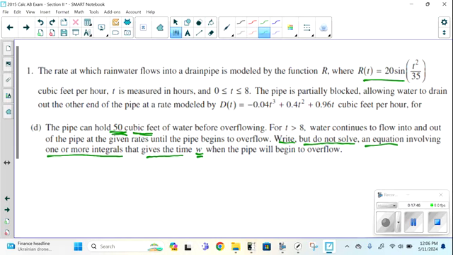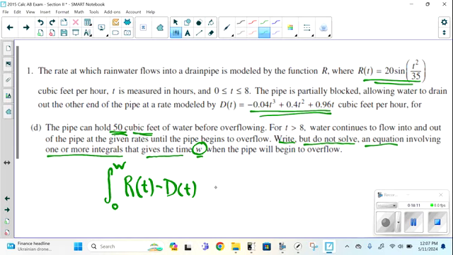All right? So what I'm going to do, if I want to find just cubic feet, these are rates, let's not forget. It's cubic feet per hour. I just want cubic feet, so I got to integrate. I'm going to integrate from 0 to some time W. I don't know what that is, but there's going to be some time there that when I take the water coming in and I subtract the water leaving, don't forget your dummy variable for the love of God.